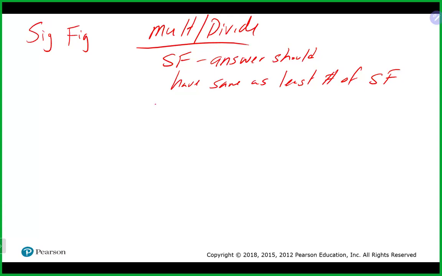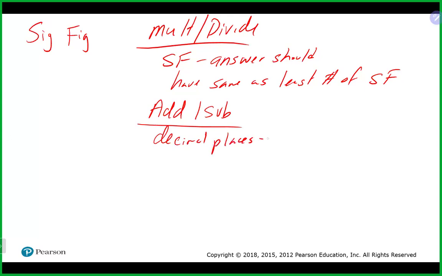We talked about adding and subtracting, and remember when we add and subtract, we're actually looking at decimal places. And it also is the least number of decimal places. And again, that is what your answer should have.